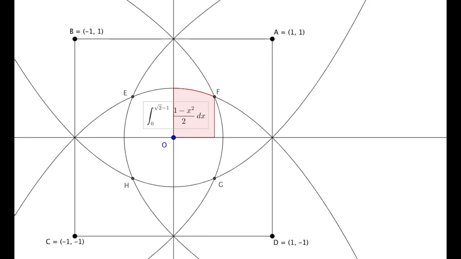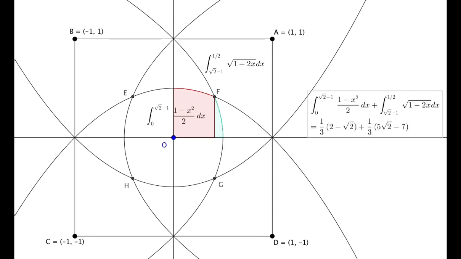And the other integral is this, the green portion, whose value is the integral from square root of 2 minus 1 to half of square root of 1 minus 2x dx. And finally, if we compute these two integrals using standard techniques of definite integration, the value would come out to be this fairly complicated looking number.